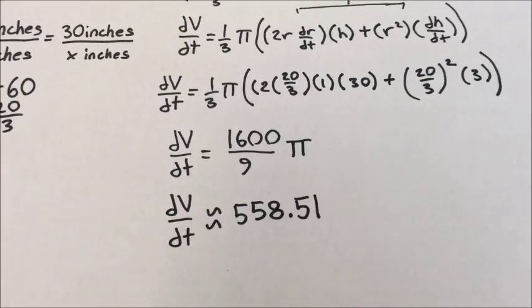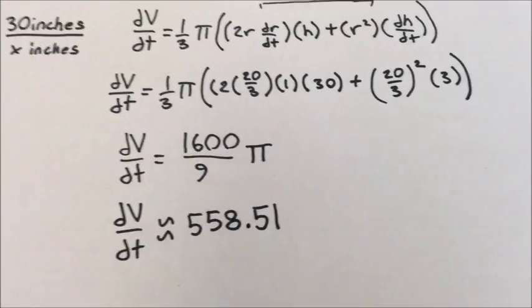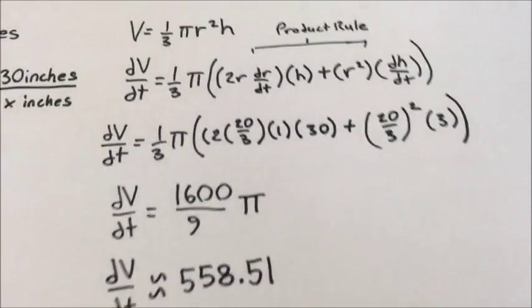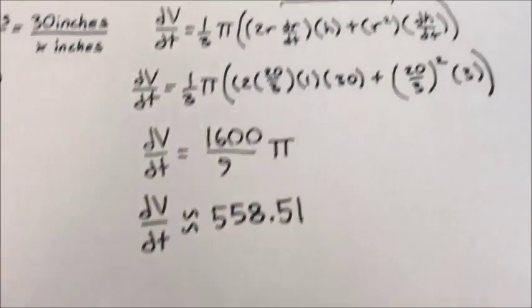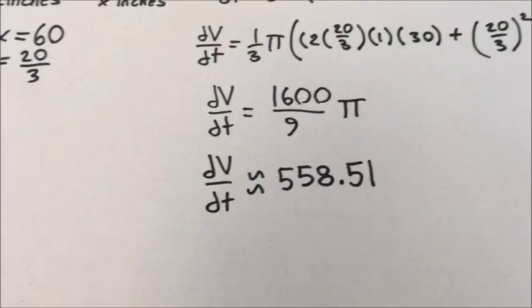When you simplify that beautiful work, you get 1600 pi over 9. If you didn't want to simplify that, well, lucky for you, we didn't either. We brought in our calculator friend, and we got 558.51 is the change in volume.